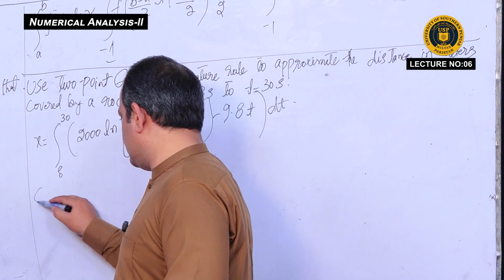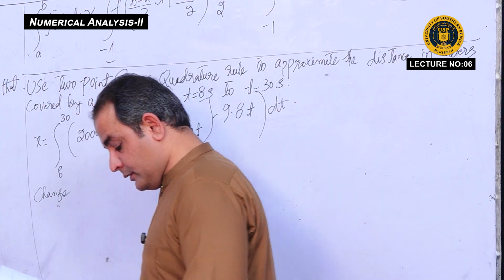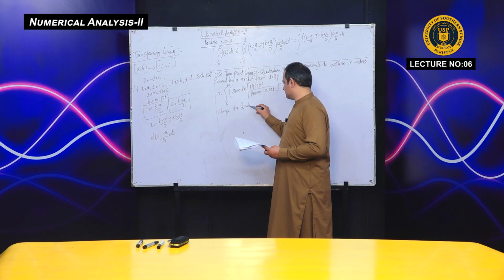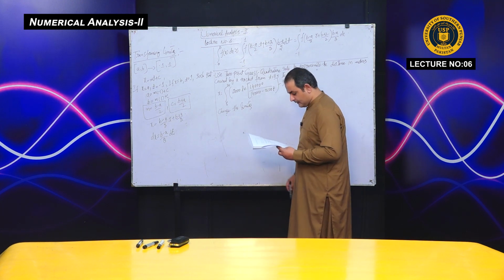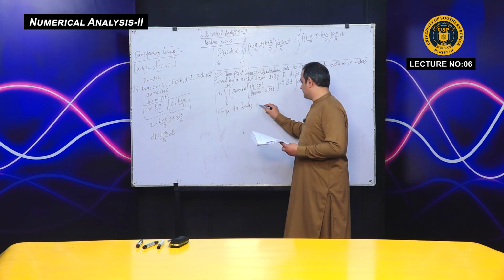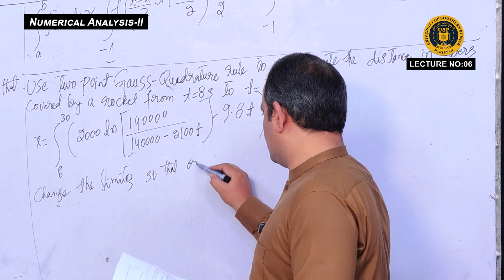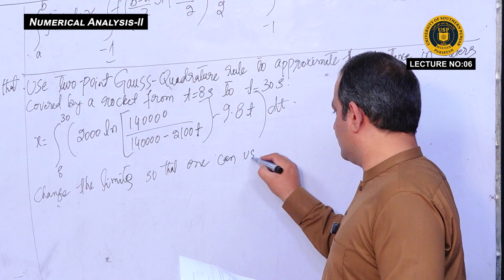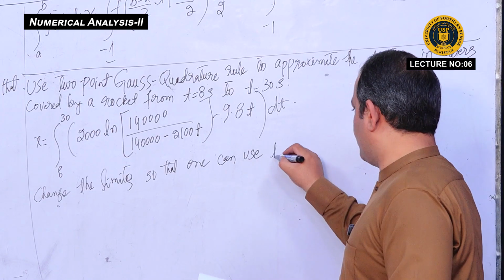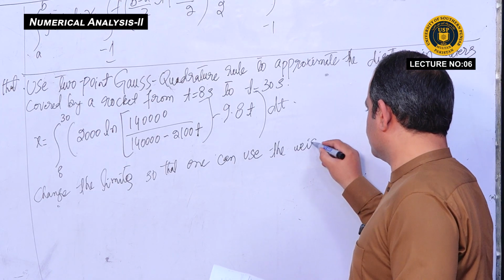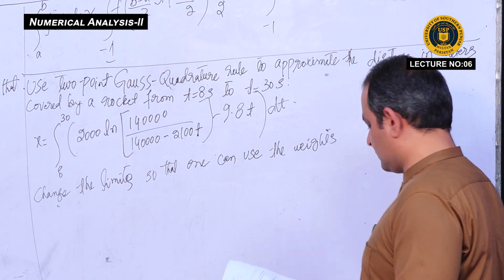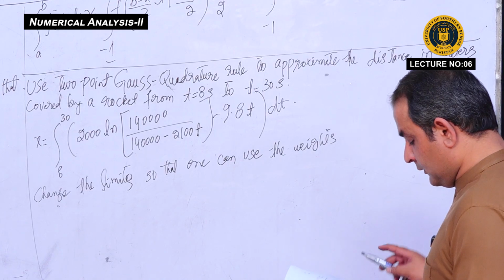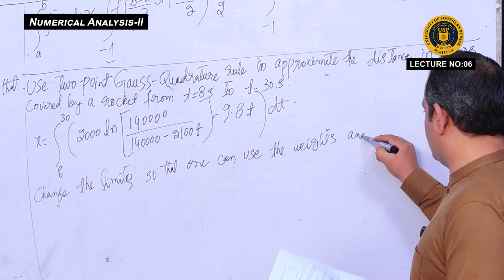So you have the question: change the limits so that one can use the weights and abscissas.